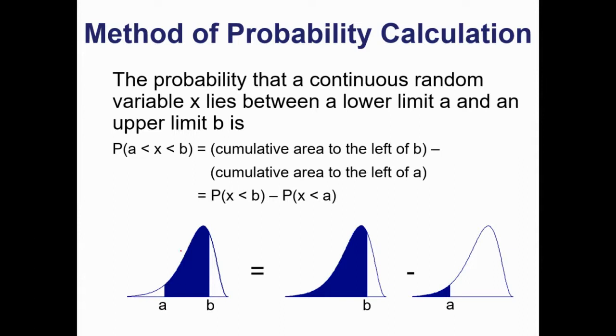I'm only interested in the part between a and b. But if I just did b, that gives me something I don't want. So we need to take it out. We subtract a out, and that gives us our desired probability. So that's what you would put near that graph equation.